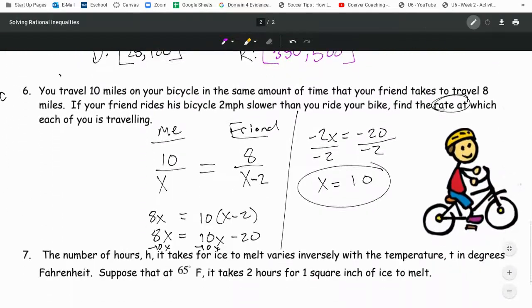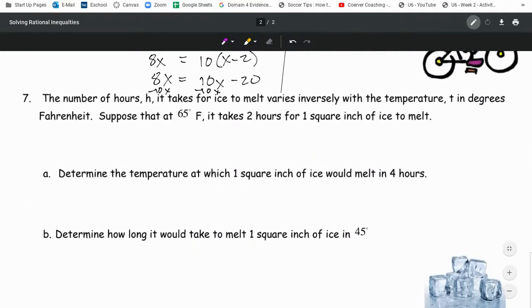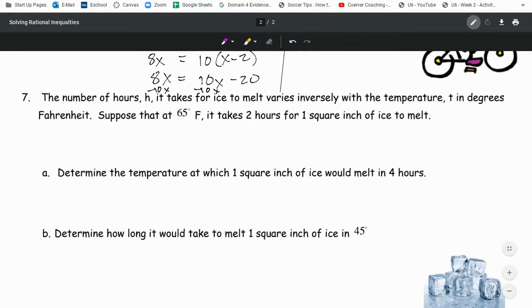And then the last one, this one's just review, guys. It says the number of hours it takes for ice to melt varies inversely. Okay, so I'm going to make this quite simple. I'm going to show you the simple way first, and then I'm going to show you the mathematical way here in a minute. So remember, it's going to give me two values that go together.